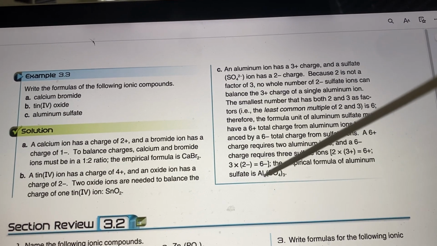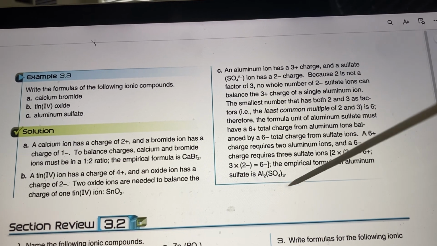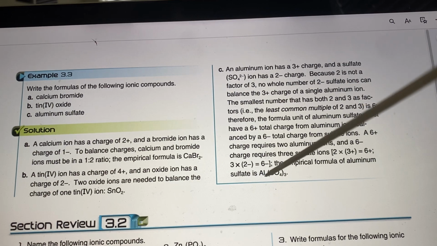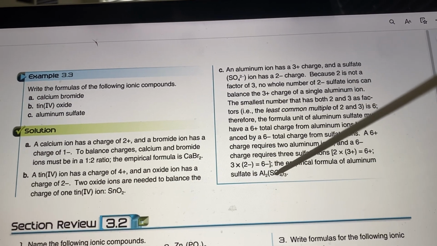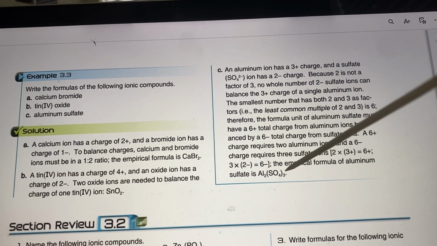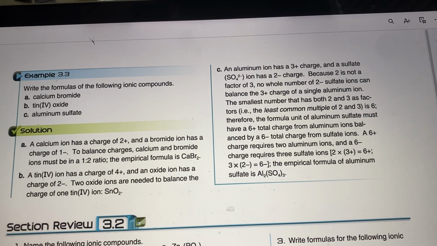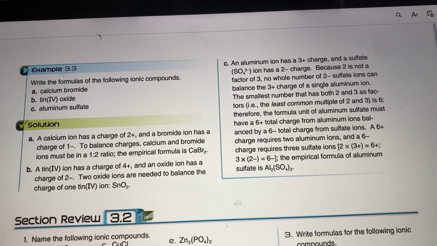So we have aluminum, Al2, and then sulfate, we need 3 of those. So aluminum has 3 positive times 2 is 6, and sulfate has 2 negatives, and 2 times 3 is 6, so they balance out. Okay, so this is balancing.